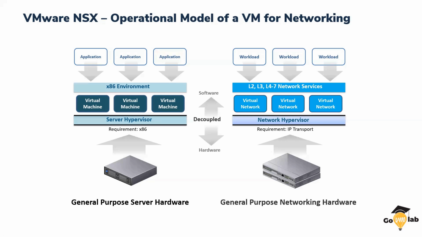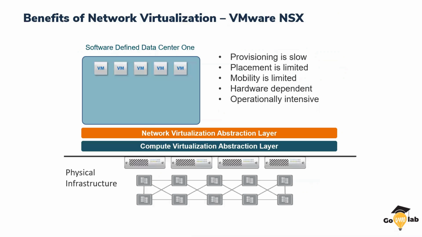If you compare both models, they are exactly the same. What server virtualization did for our virtual machines, the NSX hypervisor is doing for our virtual networks. And once you spawn a virtual machine, you attach this virtual network to it, boom, our application is up and serves our customer requests without making any changes and without bothering about the underlying physical network complexities. That is the power of NSX.